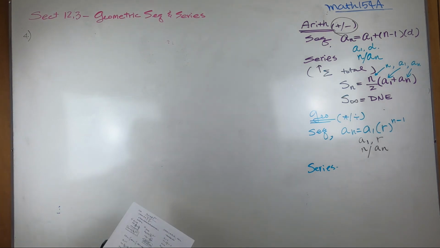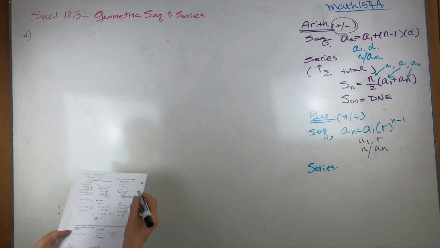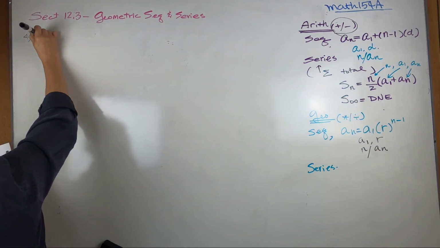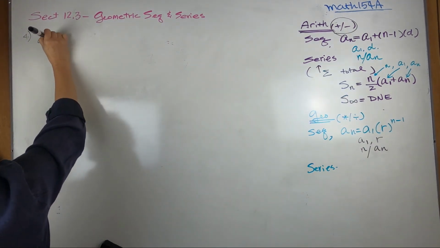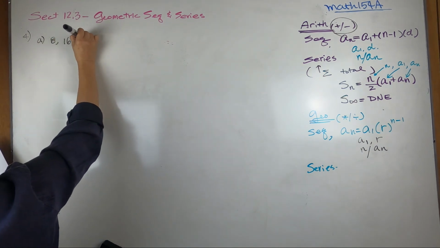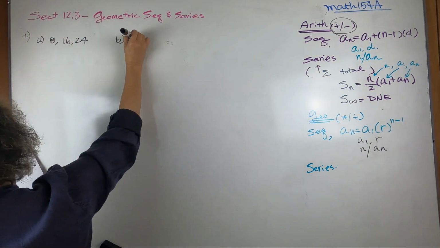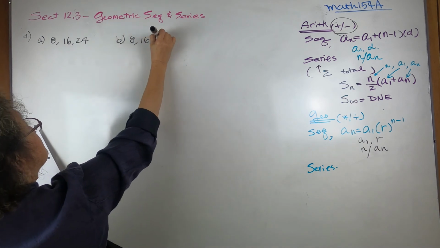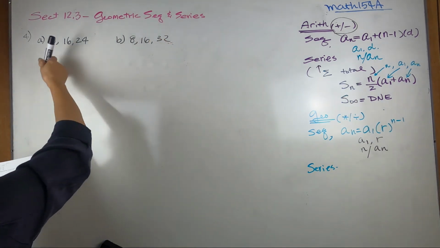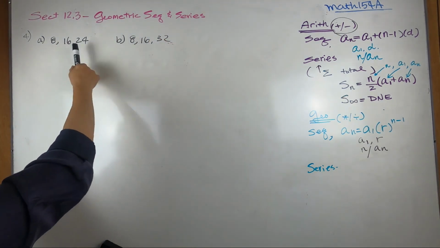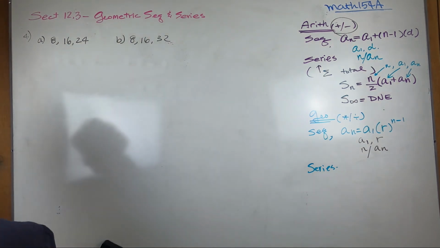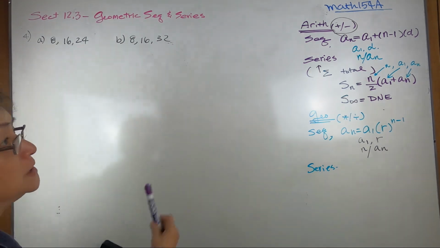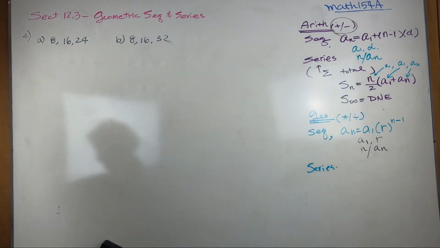Then, if it's a geo, we'll try to find the AN and R, right? So if you have this one, 8, 16, and 24, and this one, 8, 16, and 32. You start the same, 8, 16, but the next one is different, then you have to decide which formula you might be able to use.